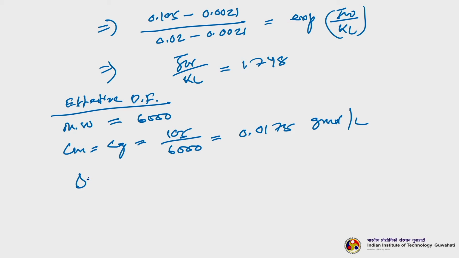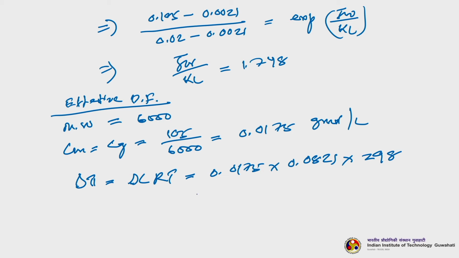Then the osmotic pressure delta pi equals delta C RT, which is 0.0175 into 0.0821, the value of R, into T, which is 25 degree centigrade, that is 298 Kelvin. So, this becomes 0.428 atmosphere. So, that is your delta pi.